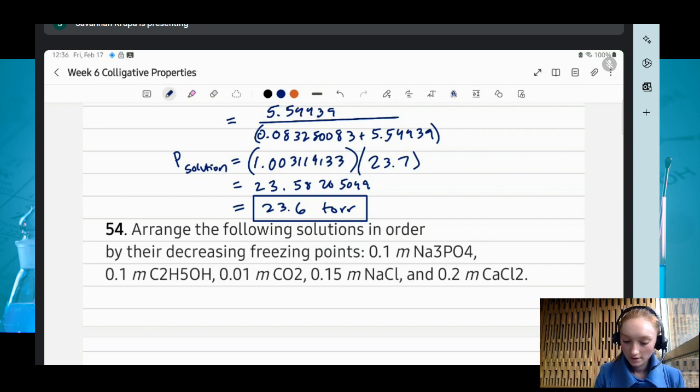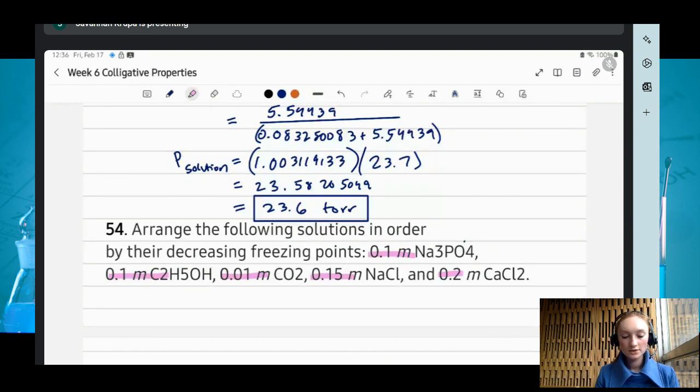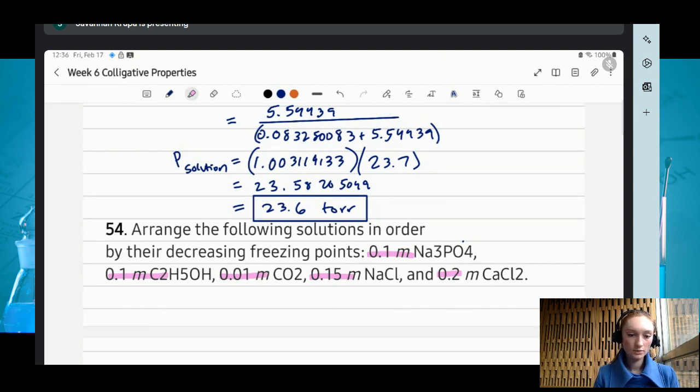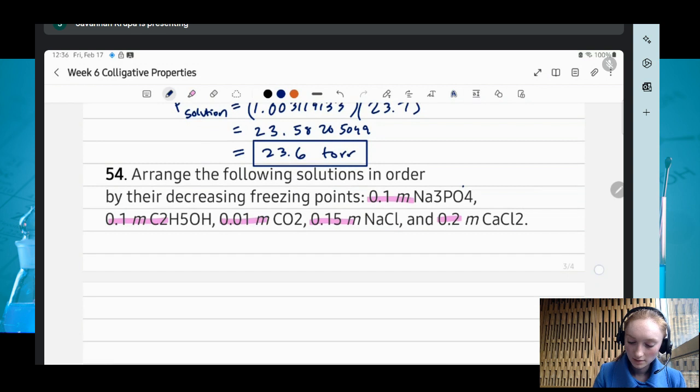So given each of these compounds, we can multiply the molality given, the 0.1, the 0.1, 0.01, 0.15, and 0.2, by the number of particles for each one, and then we'll be able to figure out which one is highest. The higher value will be the larger decrease in its freezing point. Let me give you an example of how to go about doing that.